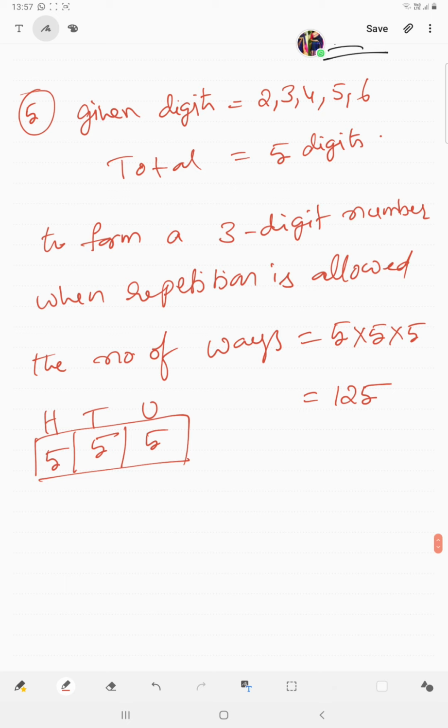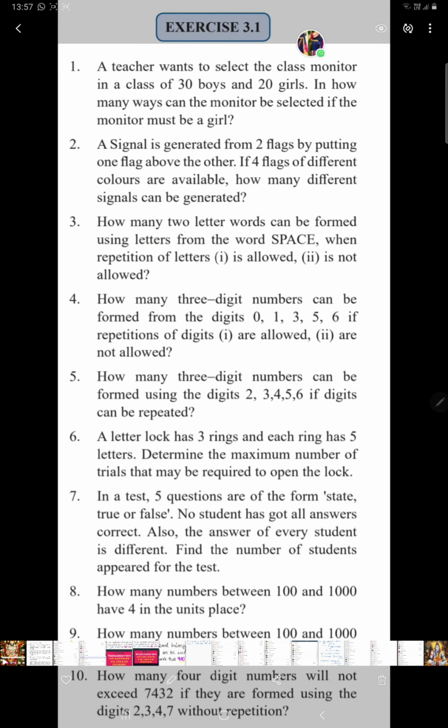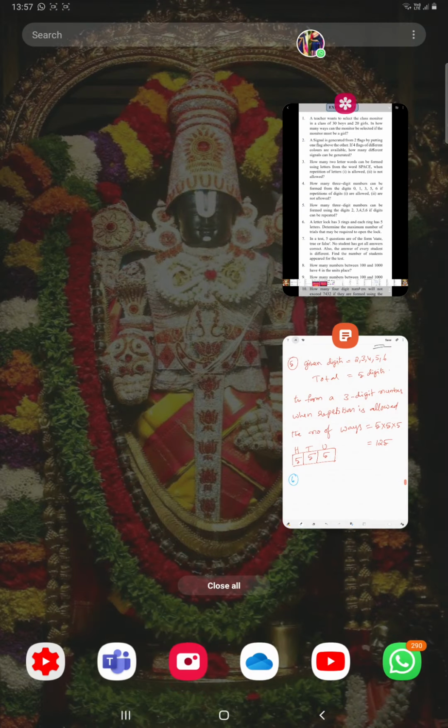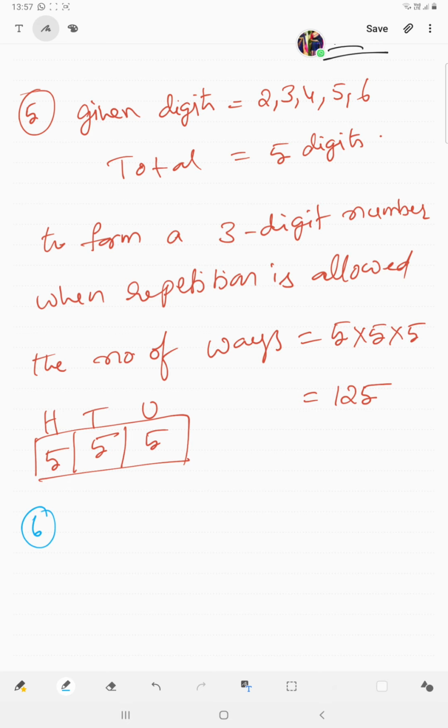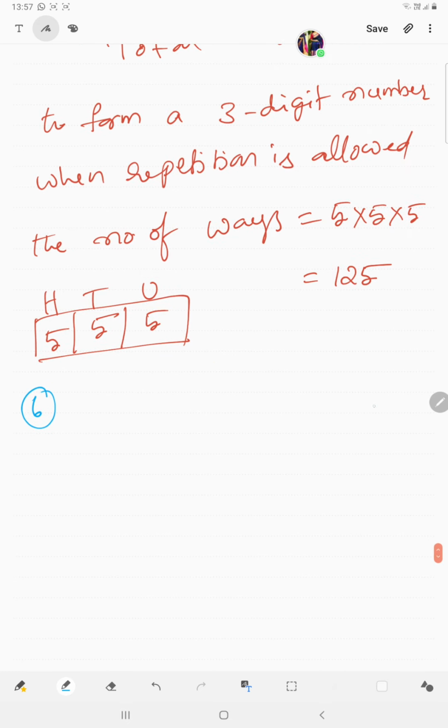So, this is a simple question. 6th question. A letter lock has 3 rings and each ring has 5 letters. Determine the maximum number of trials that may be required to open the lock. There is a lock.